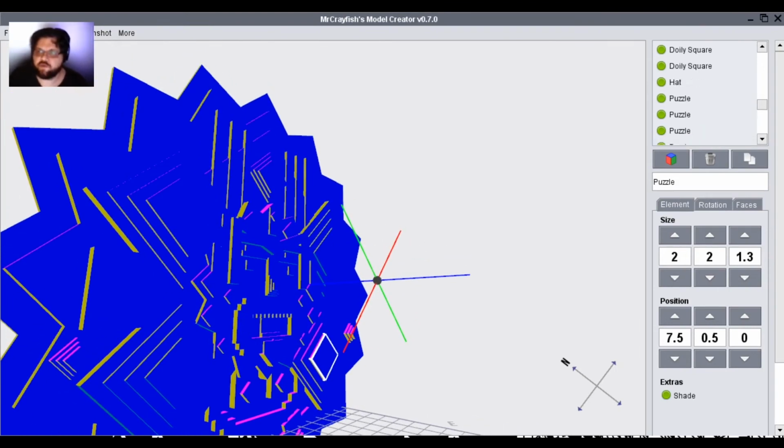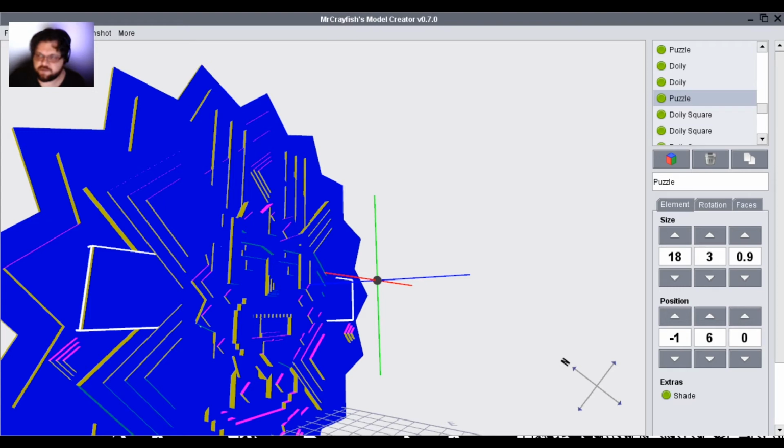Now for something interesting with the puzzle. This piece.